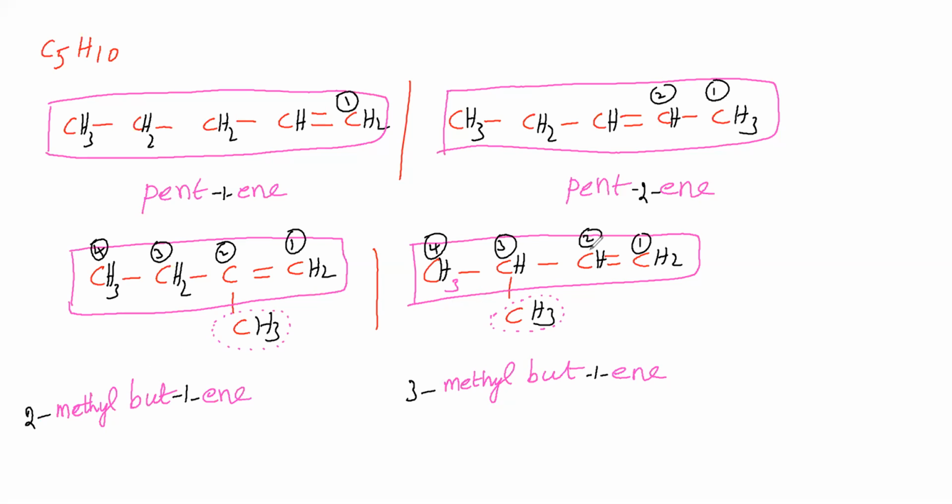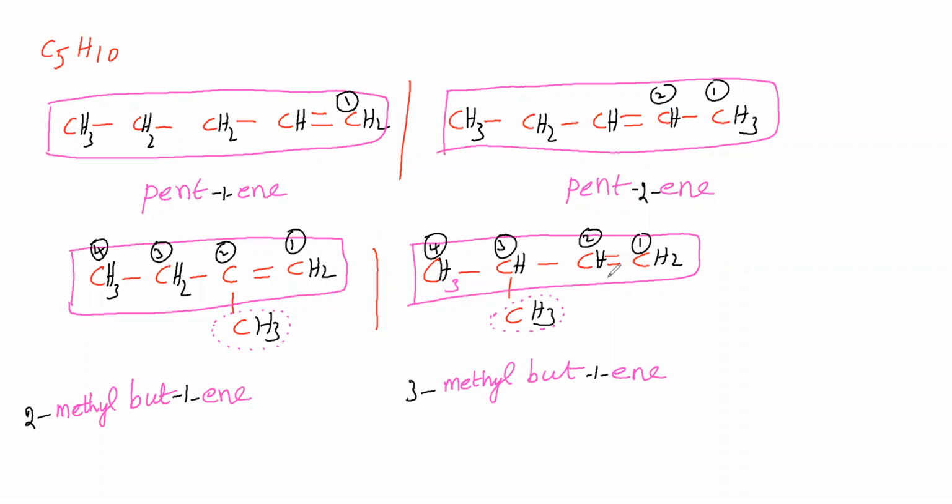Now in this case, why give numbering starting from the right? Why can't we give it from the left? We can give it from the left also, but the double bond position will change. When a double bond and a branch are there, the double bond should get the least position when compared to the branch.